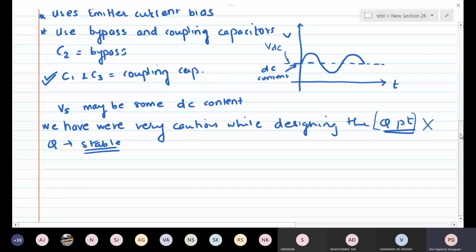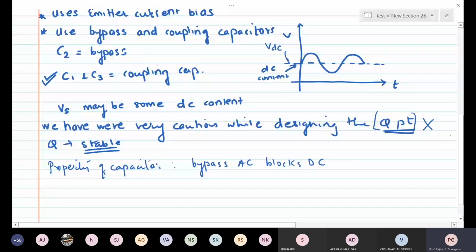And that is the reason why we use a capacitor, because what is the property of a capacitor? It passes the AC signal but blocks DC. And we have already seen why it does that.